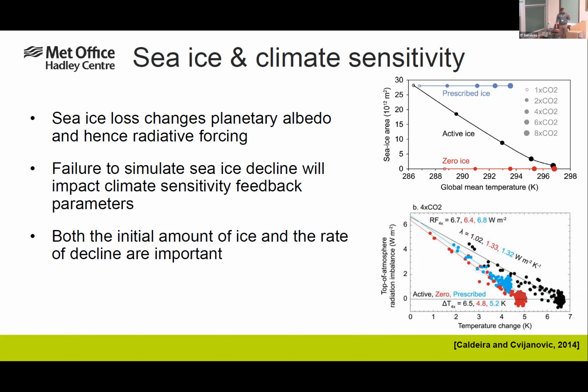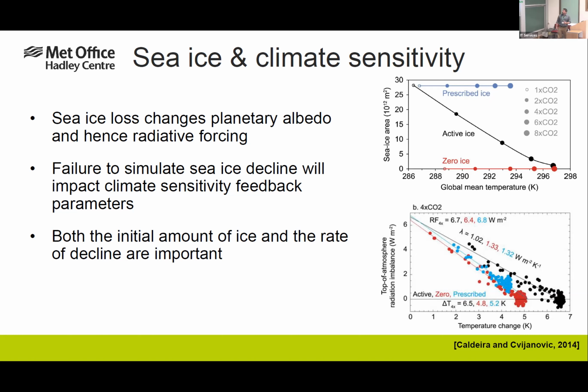And you get a very different climate sensitivity if you don't have actively changing sea ice, because as Marika mentioned, it's the change in sea ice that's important for the climate sensitivity. That's these black lines here. And you can see a temperature change of say 6.5 Kelvin compared to under 5 or even almost 4 for the runs without the sea ice.